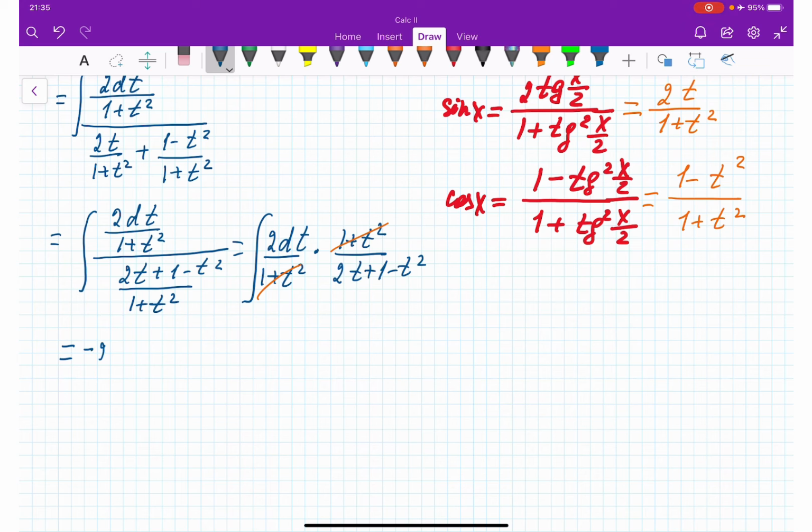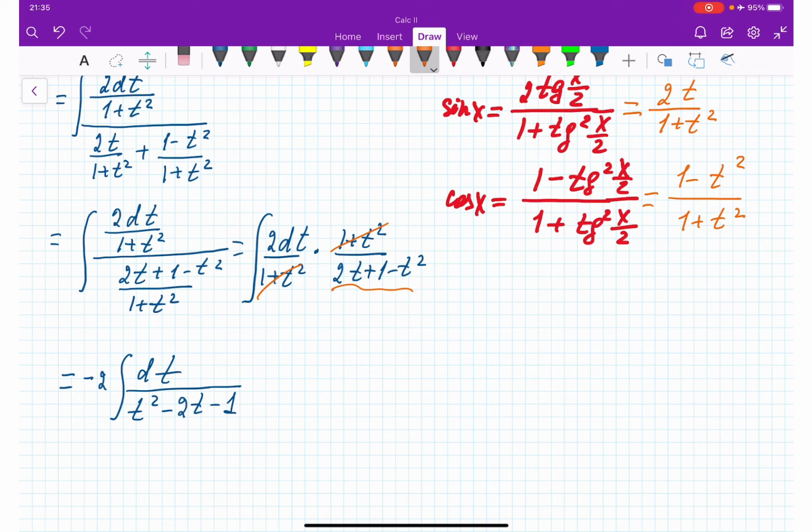negative 2 integral dt over t squared minus 2t minus 1. And this is where the negative sign came from. This is what I did.